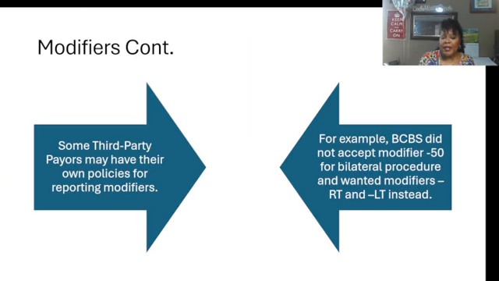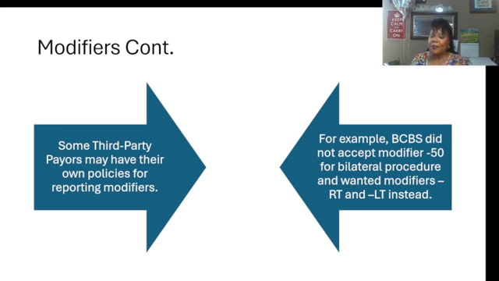Some third-party payers may have their own policies for reporting modifiers. So again, there's more rules to have to learn. For example, I can remember several years back when I was doing billing, Blue Cross Blue Shield did not accept a modifier 50 for bilateral procedures, and they wanted modifiers RT and LT instead.